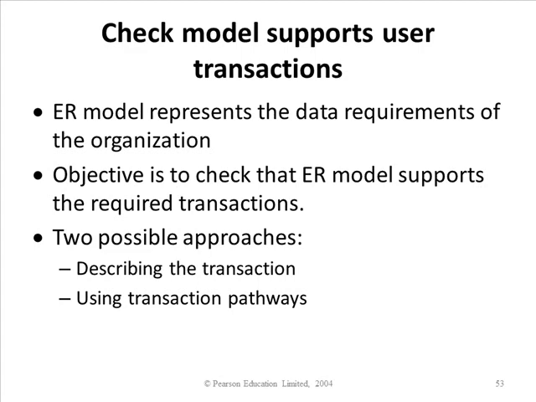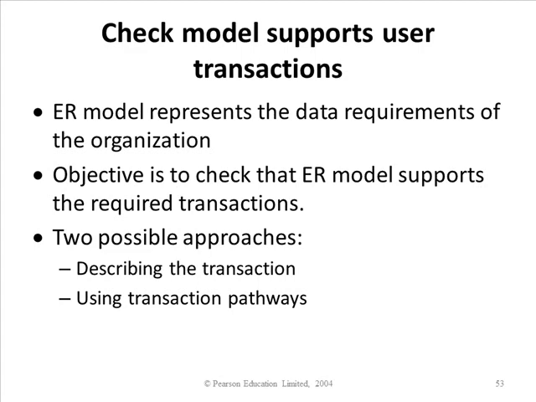After that, you go to the next step, to check that the model supports user transactions. In user transactions, there are 2 ways to do the checking: by describing the transaction and by using the transaction pathway. This is the method for you to check the possibility of the transaction.